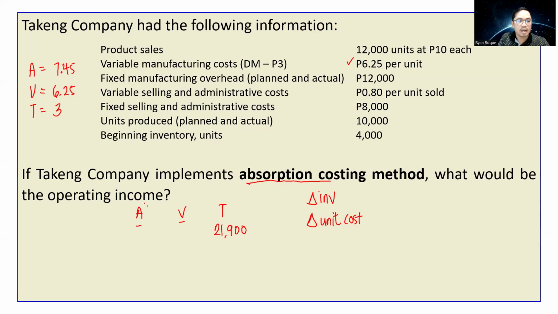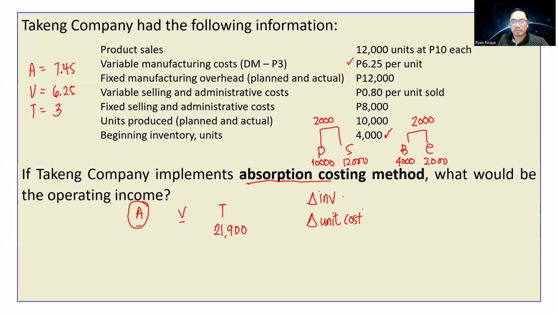So we are asked how much would be for absorption. So the shortcut would be, what is the change in the inventory? Remember, it's either we compare P and S or we compare beginning and ending inventory. Remember, the beginning is 4,000, the ending is 2,000. So the difference in the inventory is 2,000. Or we can actually compare the production and your sales. So the production is 10,000 and then your sales is 12,000. So the difference is still 2,000.